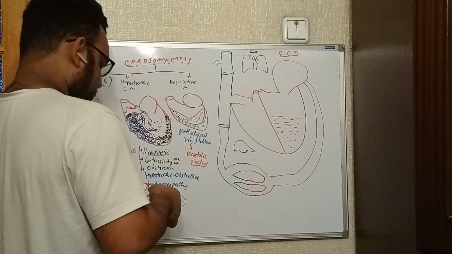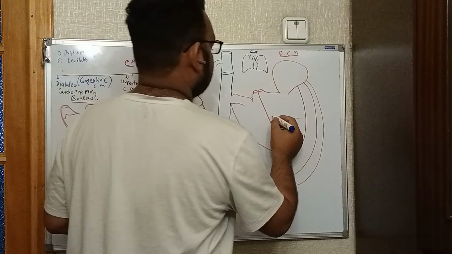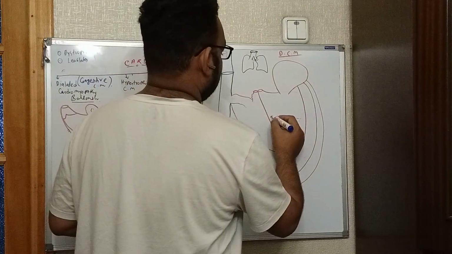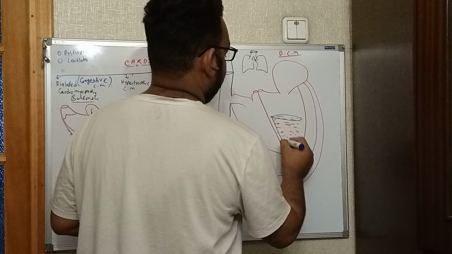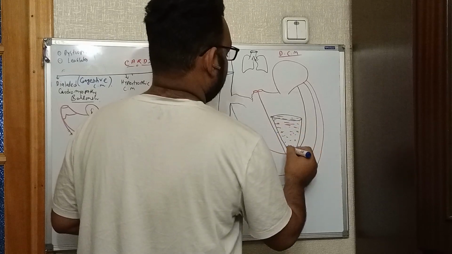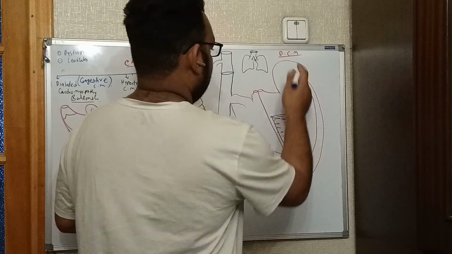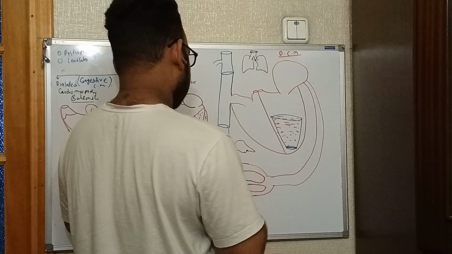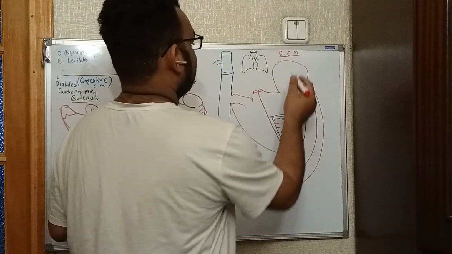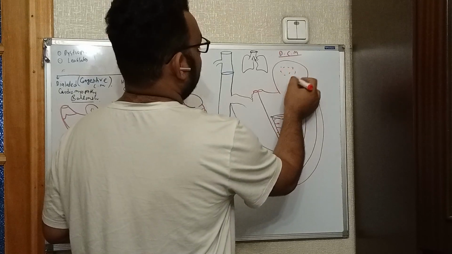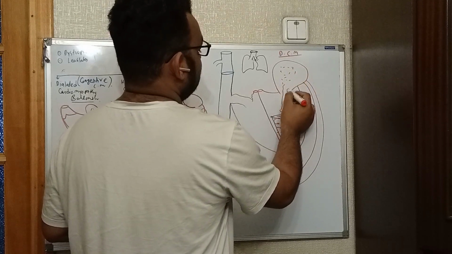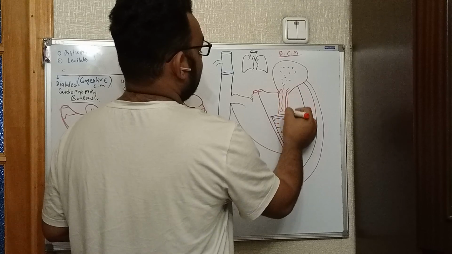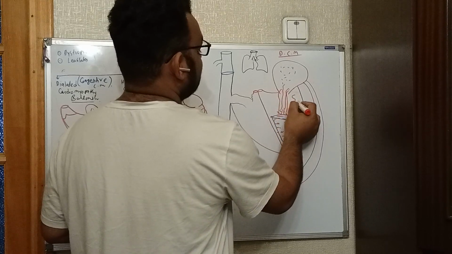Let me talk to you here, if we consider it in terms of a bucket. We know that during rapid ventricular filling of the blood in the cardiac cycle, as you read in all of these things, this blood will come here and produce a sound that is known as S3.